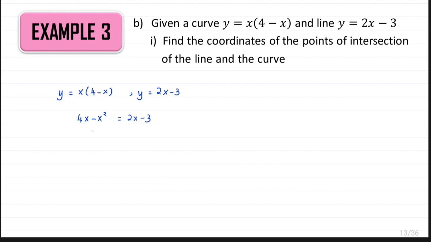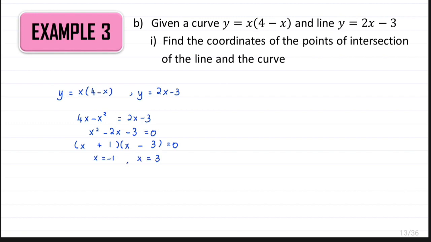Then we arrange, x squared minus 2x minus 3 equals 0. We factorize. Then we get x equals -1, x equals 3.